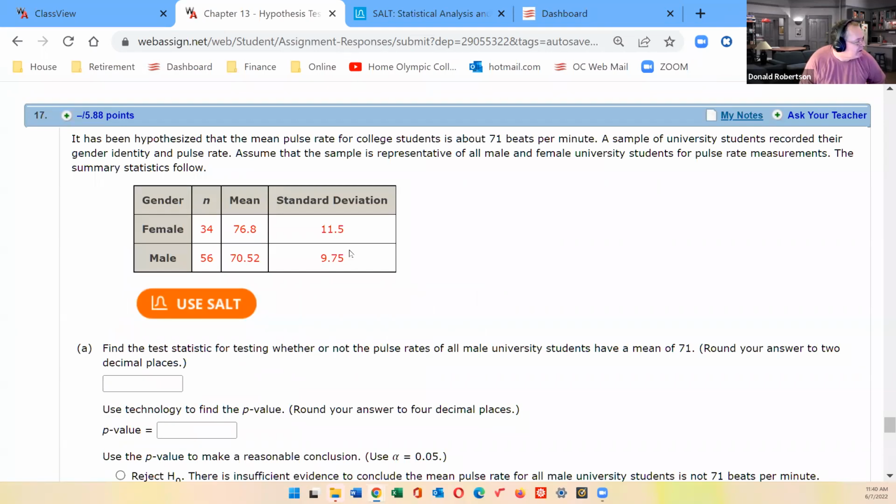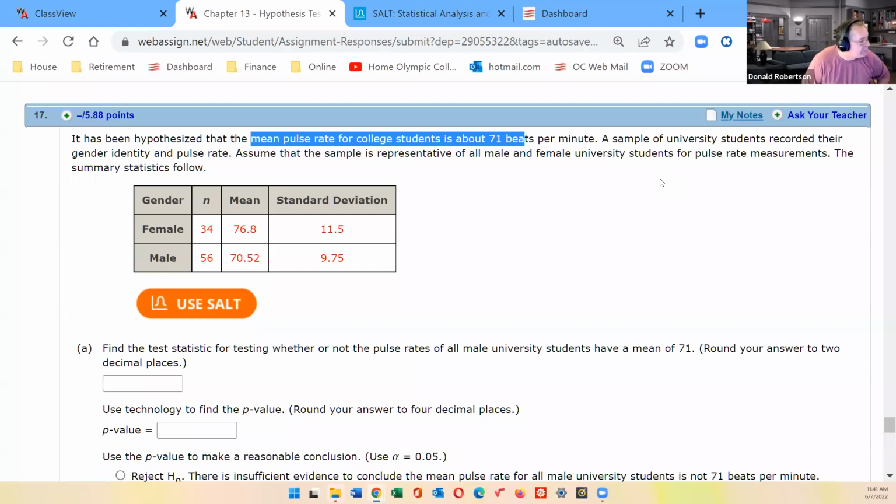It got me thinking. Are you looking at question 17 now? Okay, so in this story, we have a lot of data. Everything we need, or most of it at least, is in the table. It has been hypothesized that the mean pulse rate for college students is about 71 beats per minute. So you have told us H naught: mu is 71.